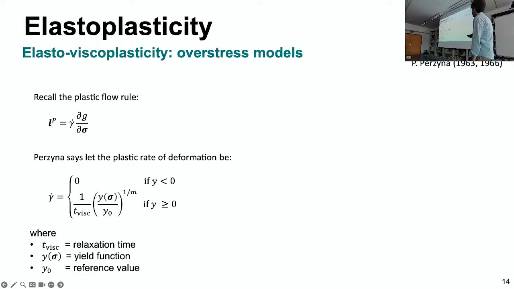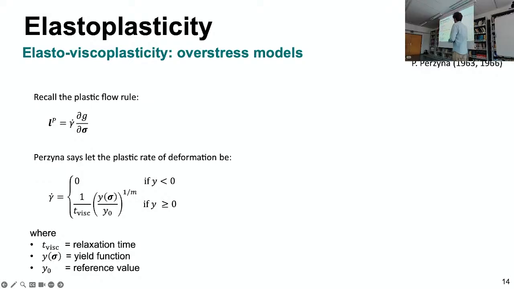Now let's make things even more complicated, and let's talk about elasto-viscoplasticity, which is when we impose, at least in the context of overstress models, or in the context of what Piotr Brezina formulated, our plastic rate of deformation, instead of having it be something that we calculate as the projection to the yield surface.